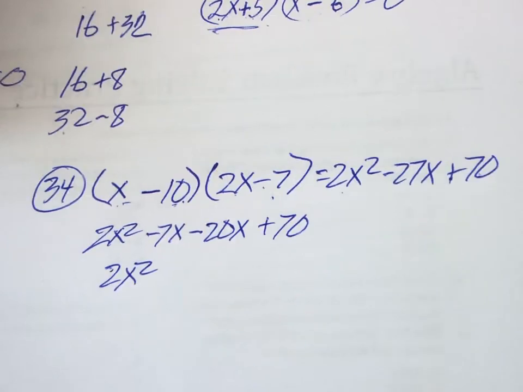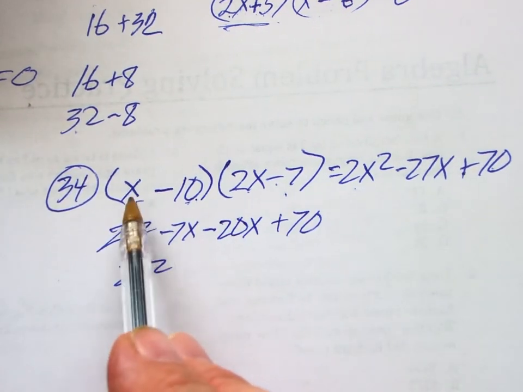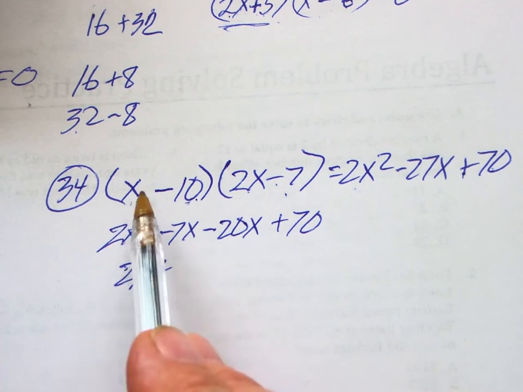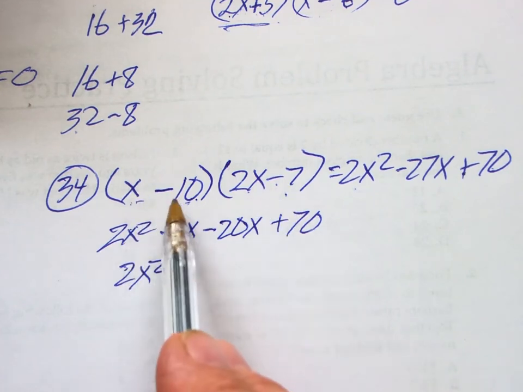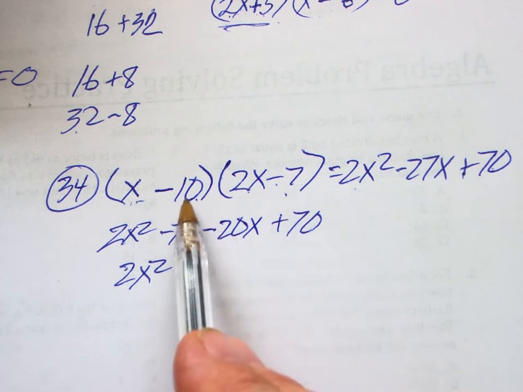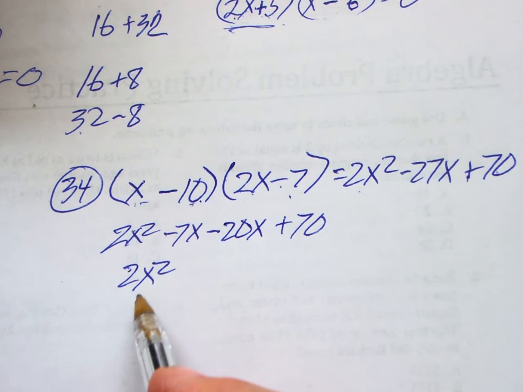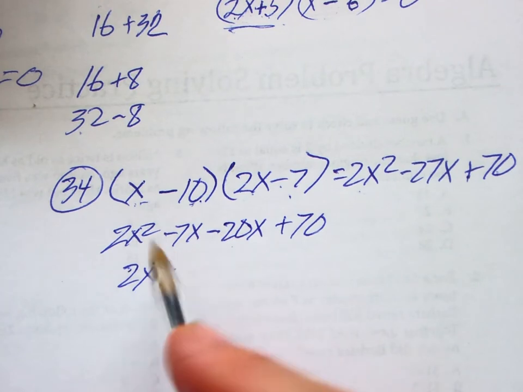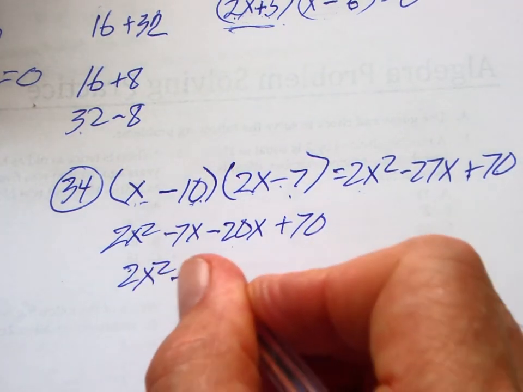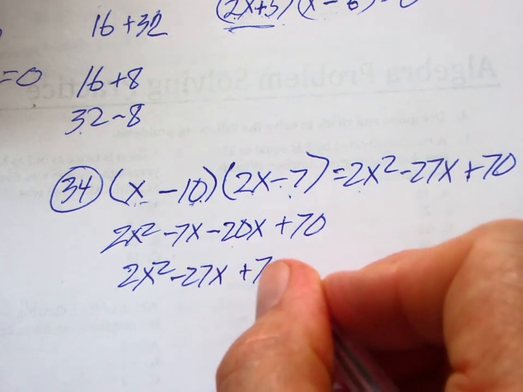Oh man, you're not seeing this. I'll show that again. X times 2x is 2x squared. X times minus 7 is minus 7x. Minus 10 times 2x is minus 20x. Minus 10 times minus 7 is plus 70. That gives us 2x squared, minus 20 and minus 7, that's minus 27x, plus 70.